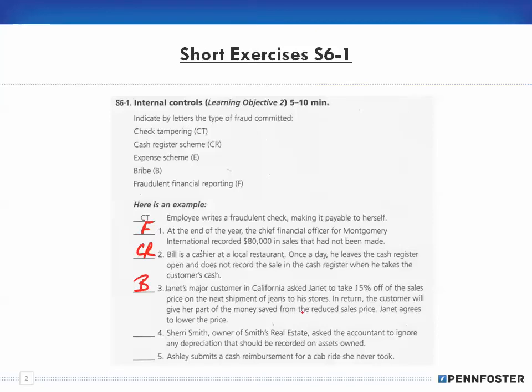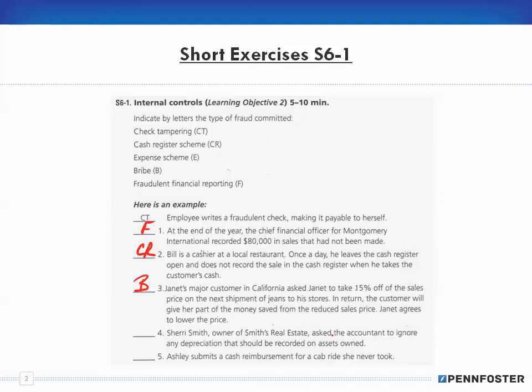Why do that? Why not just charge the customer so that the customer ends up paying $95? The customer's going to spend the same amount, but why do it in this way where there's that kickback? Well, the consequences are tax consequences, meaning you're not showing all of your revenue, and that would be taxed. So that's a bribe.